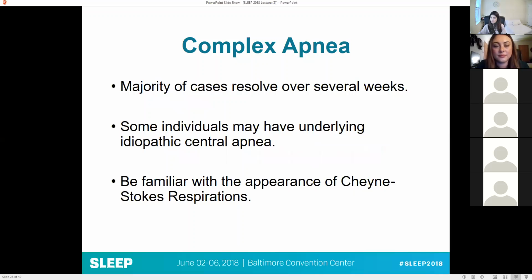As I said, a lot of these complex apnea cases will resolve over several weeks. One thing to keep in mind, if you're seeing a patient with obstructive sleep apnea, their apnea does tend to resolve or improve over time as the upper airway edema and swelling goes down and you treat them.